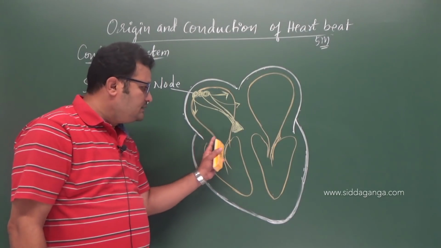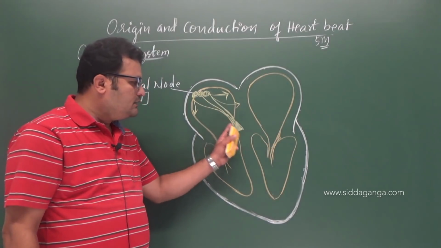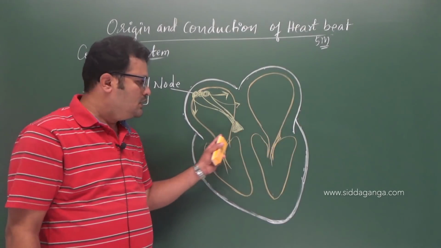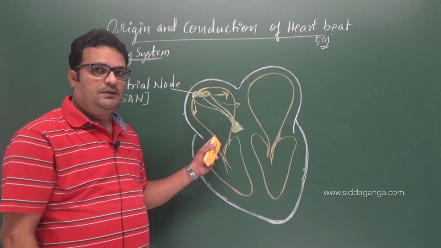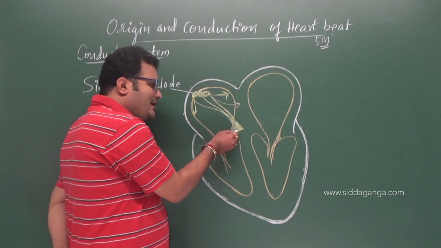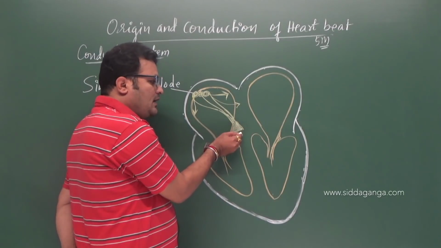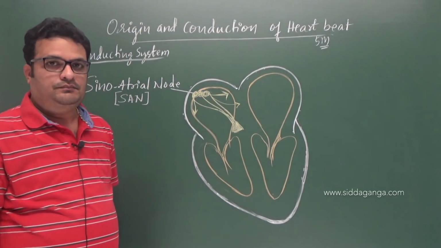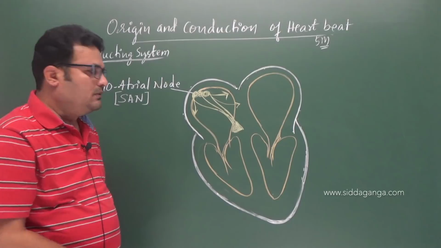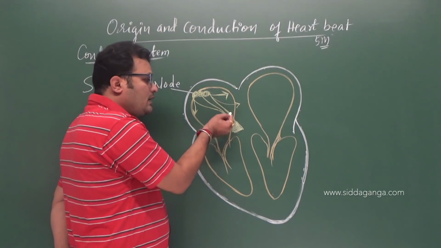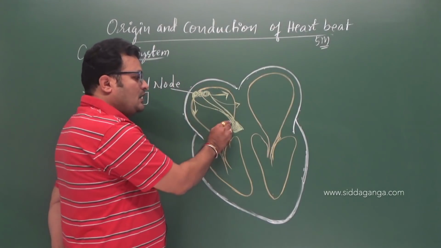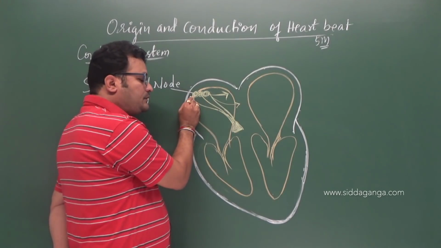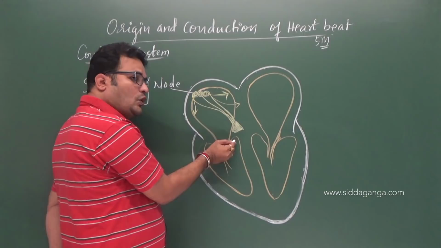The region where the auricles and ventricles are separated is by another septum known as the atrioventricular septum. So exactly near the atrioventricular septum, in the lower corner of the right atrium, on the left side. Remember: right upper, left lower.